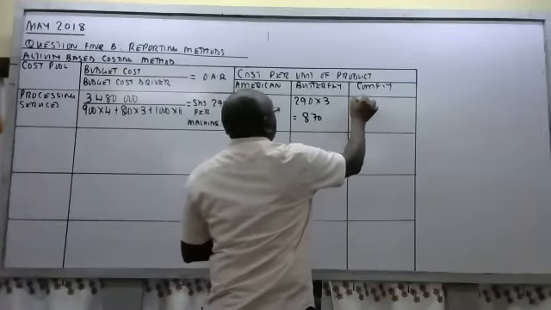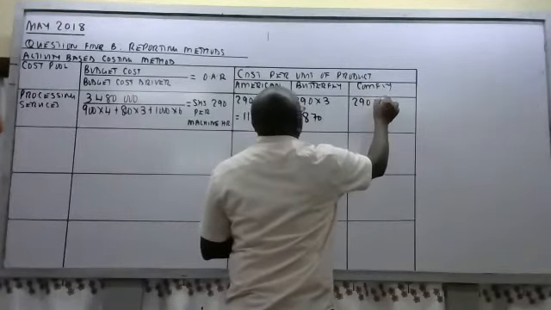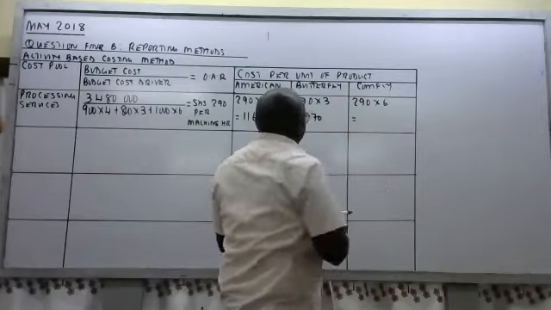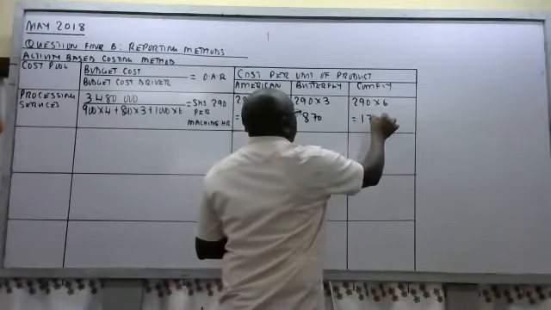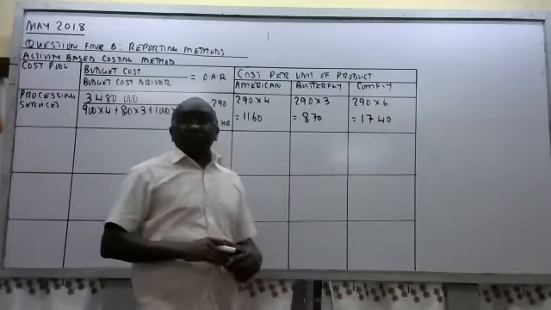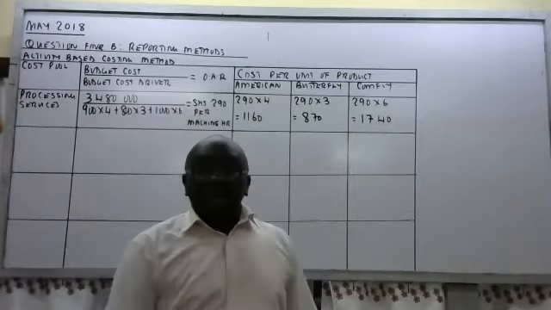And then 290 times 6 is 1740. So Haika, did you rectify?